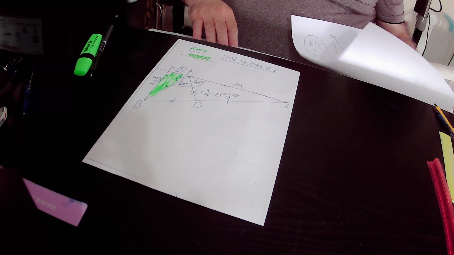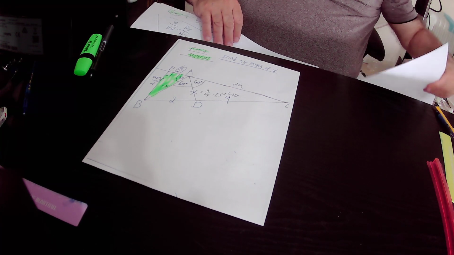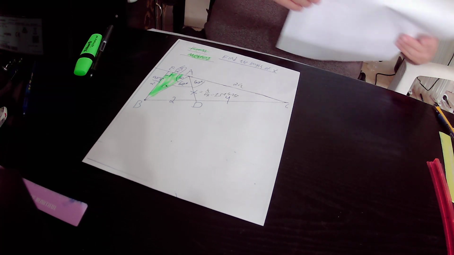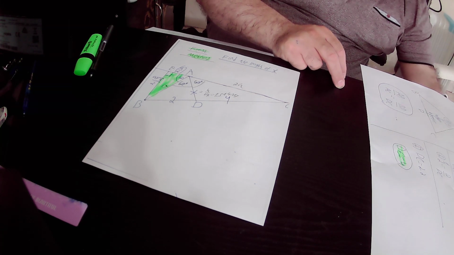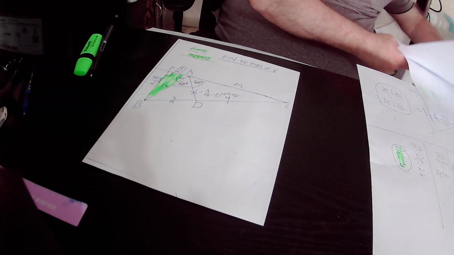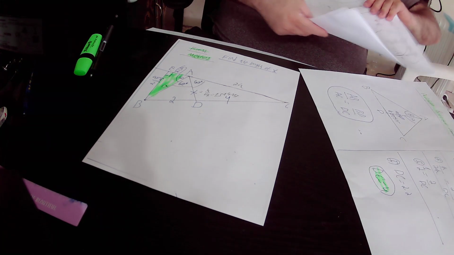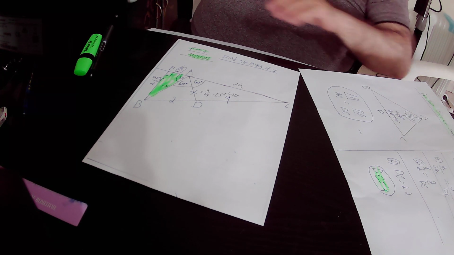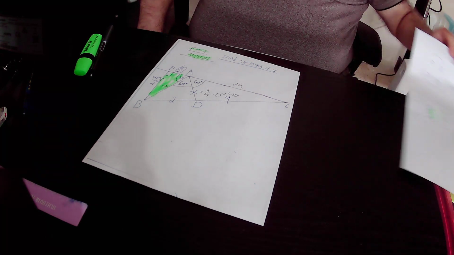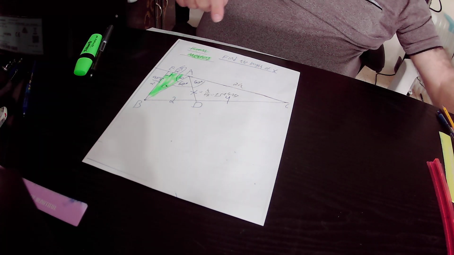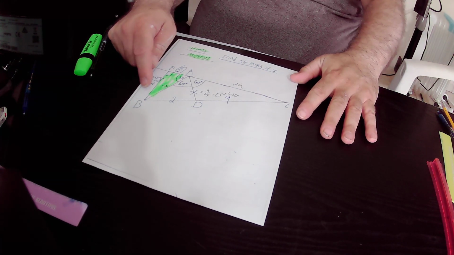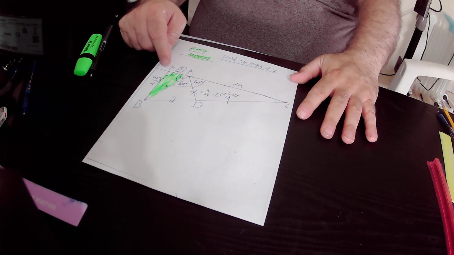Then, here we did a construction. We extended side AC by a straight line, and from point B we raised a perpendicular to the extended CA.